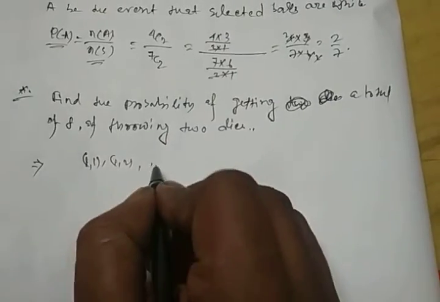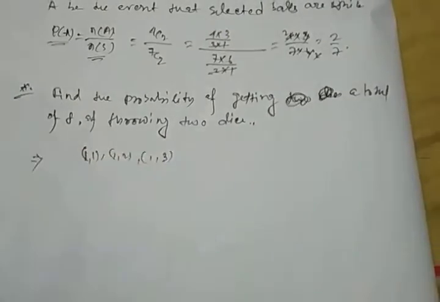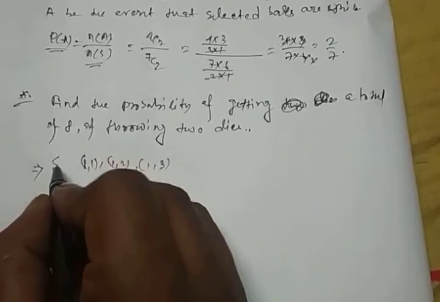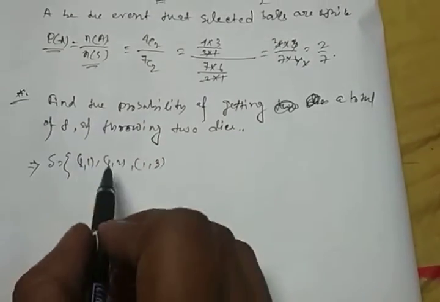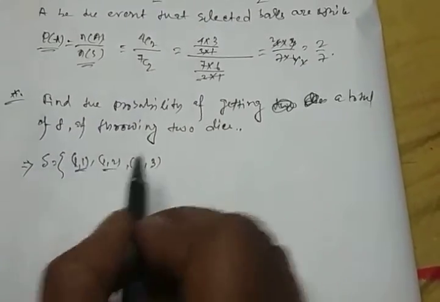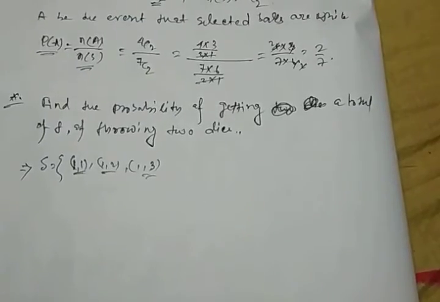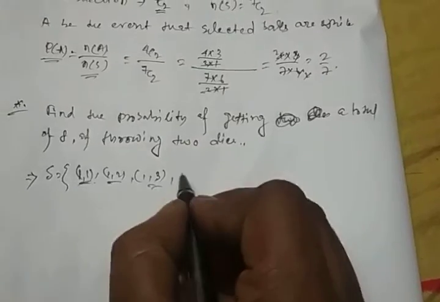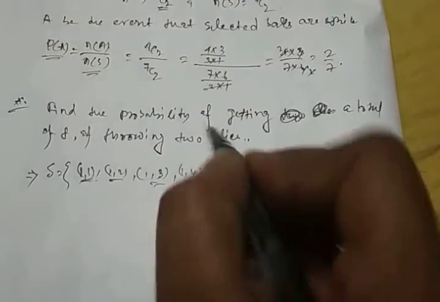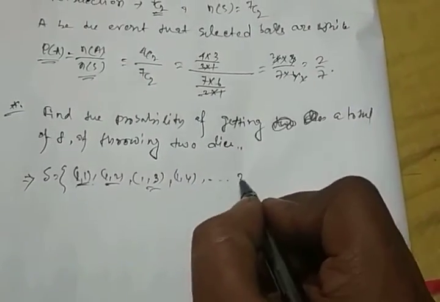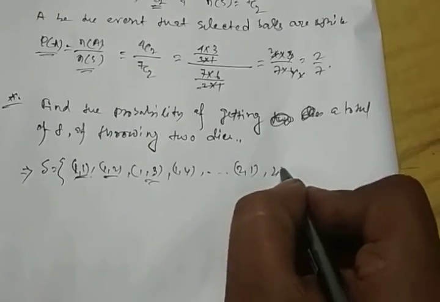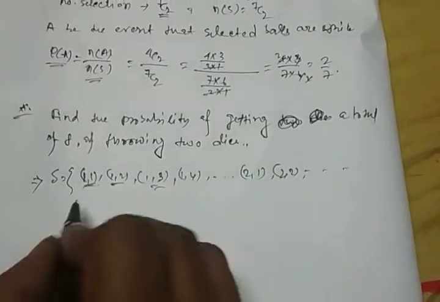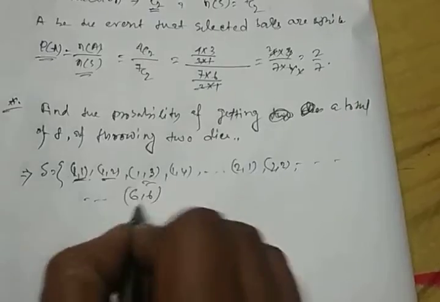Also first die 1, second die 3, this will also be an event. So the sample space S will contain this kind of events: 1 1, 1 2, 1 3, first die 1, second die 4, up to first die 2, second die 1, first die 2, second die 2. In this way we will get up to 6 6.